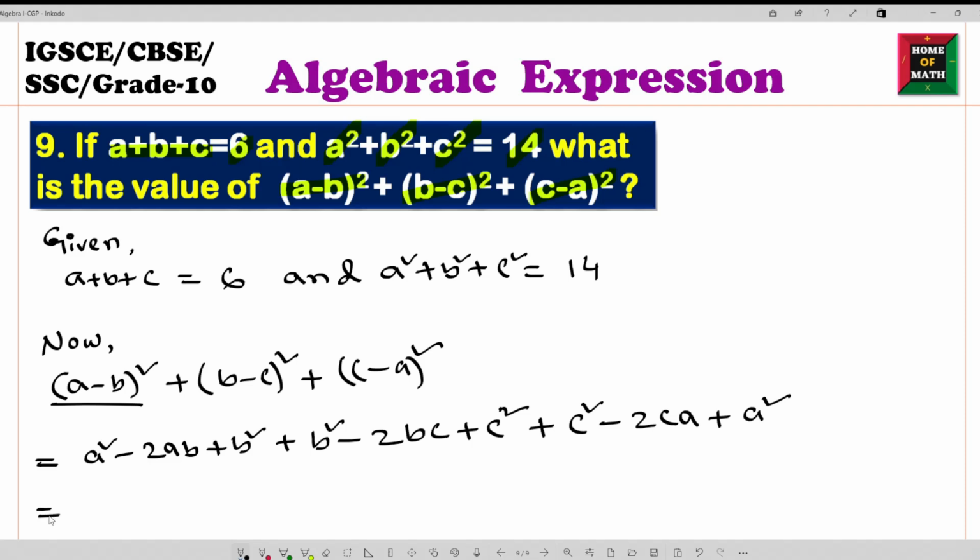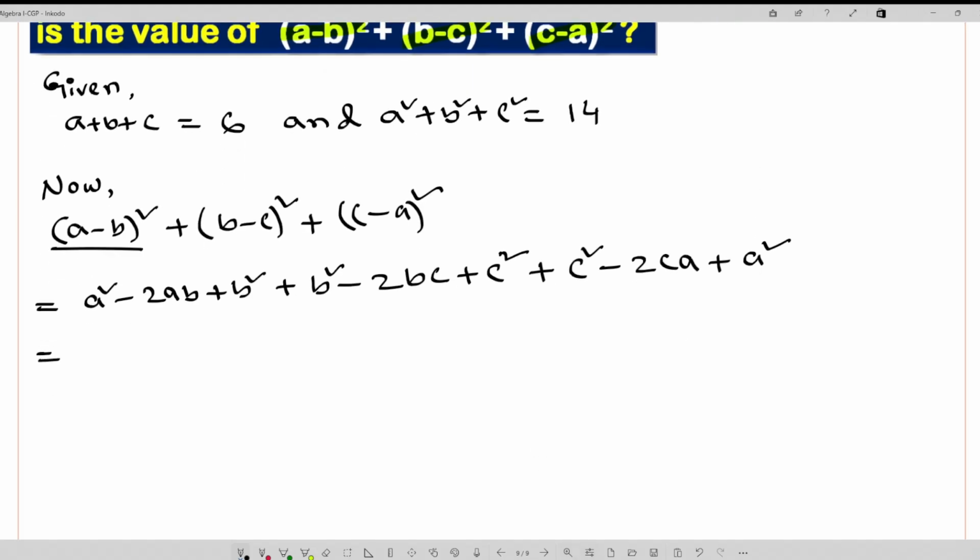Now look, here is a² and another a², so we can write 2a². Here b² and b², so 2b², and c² and c², so 2c². And then here is minus 2ab, minus 2bc and minus 2ca.